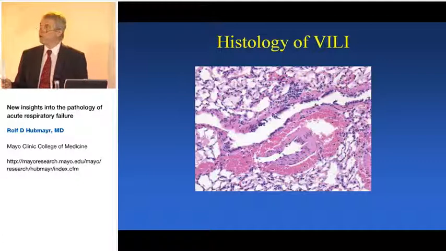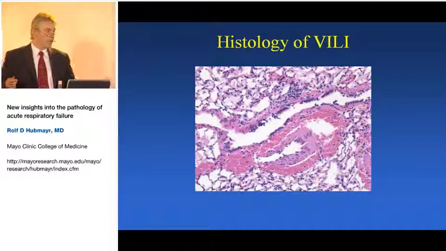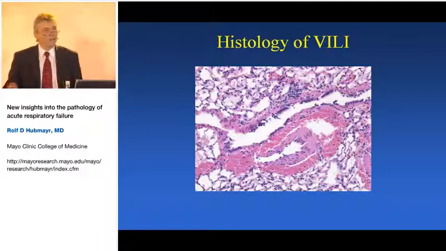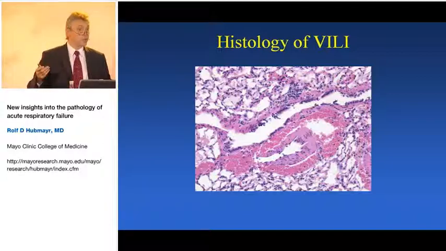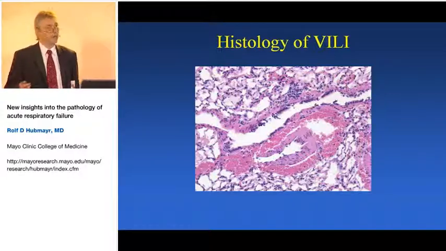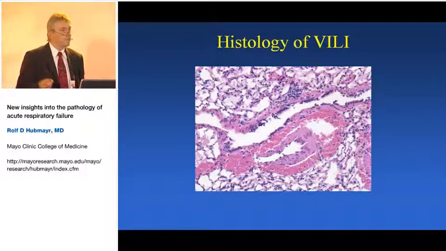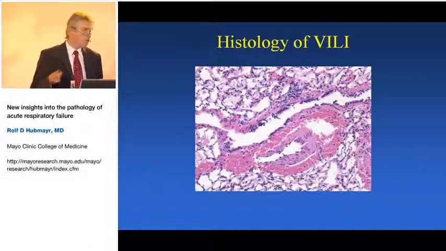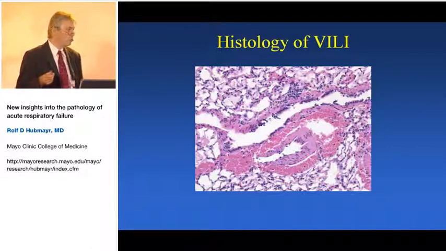So when Art published the isolated unperfused model, in the Muscedere paper in 1994, I thought that he had focused on a mechanism that really in a perfused lung in the intact thorax wouldn't happen too much.